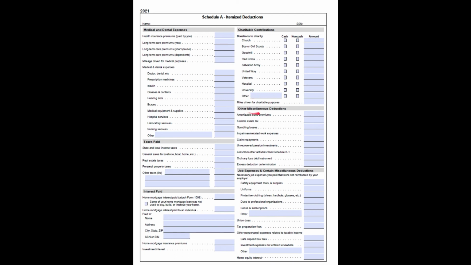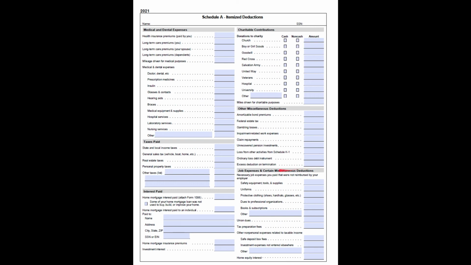And then there's the other miscellaneous deductions. You're going to read through these. Most of the time, these deductions are only going to be allowable up to the amount of like-kind income. So you'll want to read through these and fill in the amounts if you actually had any of these expenses.